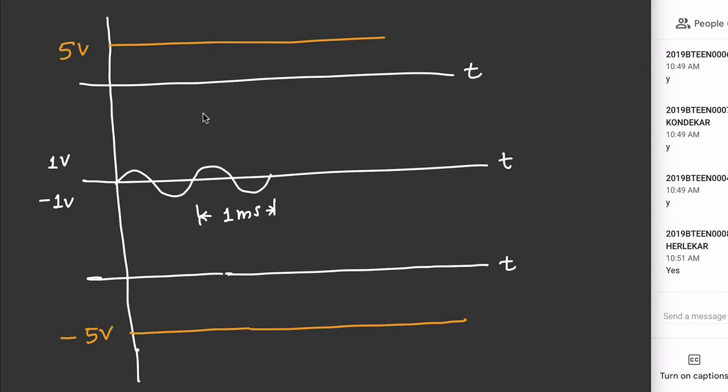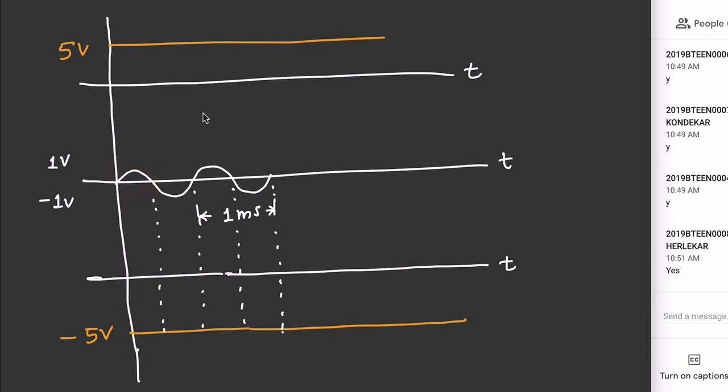Okay. This output is contributed by this fellow. All resistors are equal. And what this fellow will contribute will be the same waveform but reversed. So let us draw that. Now whenever this is positive, the output will be negative.